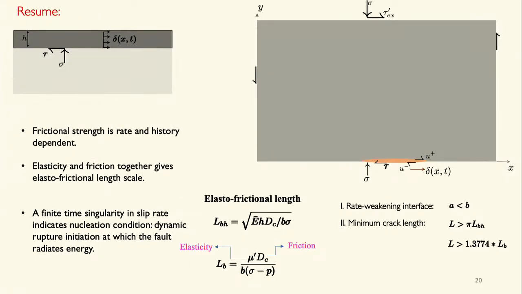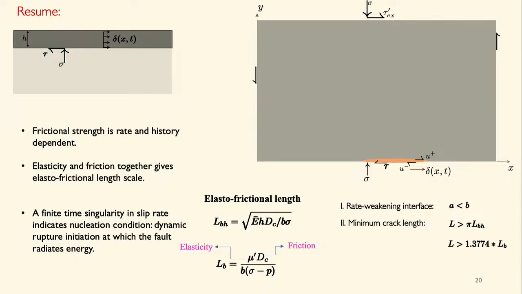So to resume so far, what we get? We get that frictional strength is rate and history dependent. Elasticity and friction together give a length scale for the problem called the elastofrictional length scale, and for this thing, the elastofrictional length looks like this, and for another end member, which is more earthquake-like, the elastofrictional length scale looks like that, and d sub c is the length which is coming from the decay of the friction towards a renewed steady state.